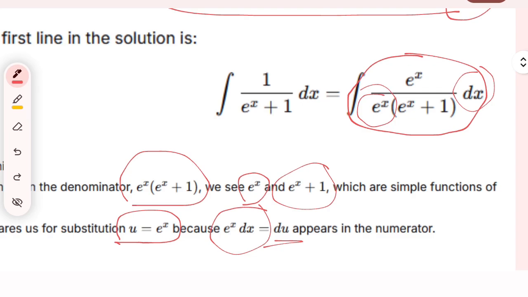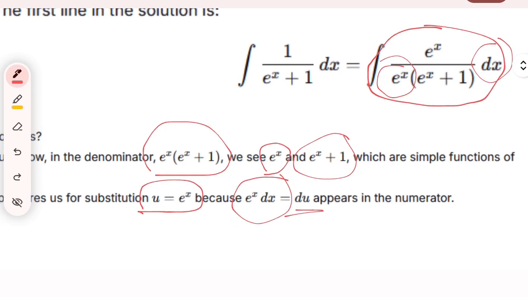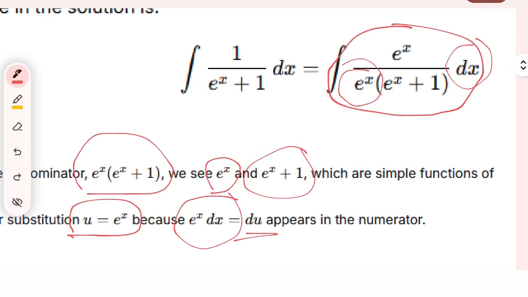You see my point? We multiply it by e to the x because we are looking forward to what could happen. We multiply it by e to the x so that later, when we let u be e to the x, the du, e to the x dx, is already there.